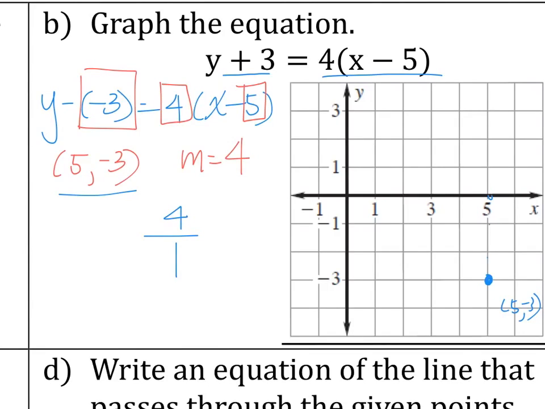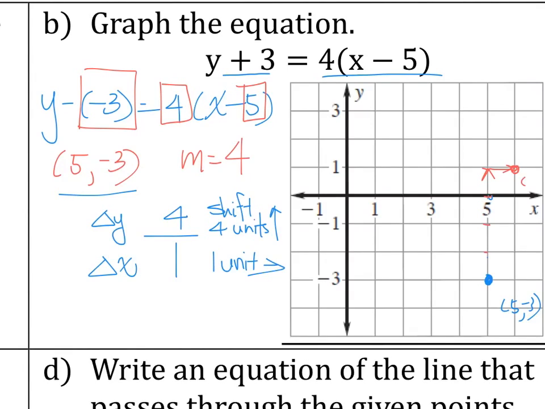So I'm going to need to shift 4 units up because it's changing y, and 1 unit to the right because it's changing x. 1, 2, 3, 4. Stop. And then 1 unit to the right. So my second point will be 6, 1.